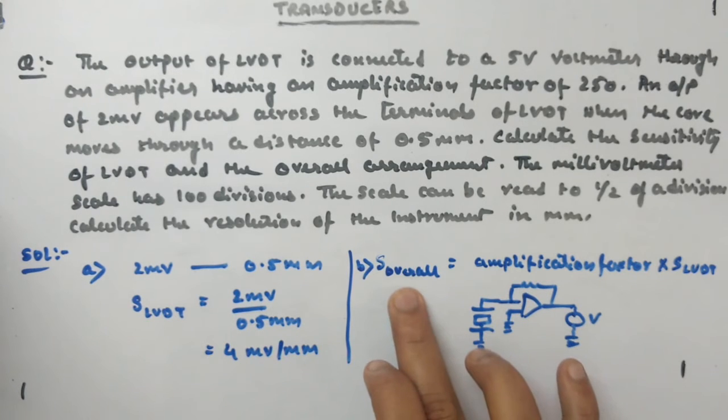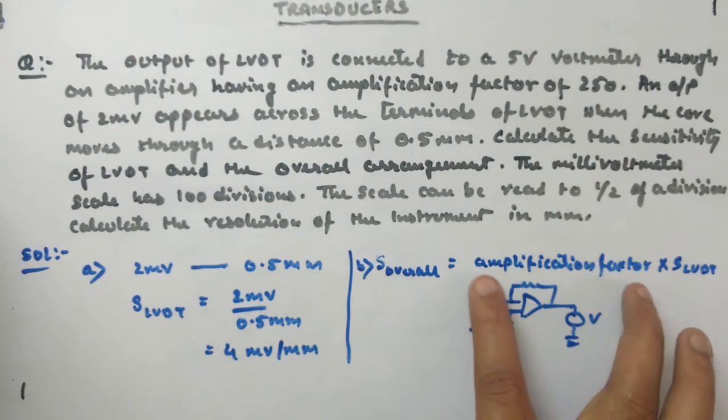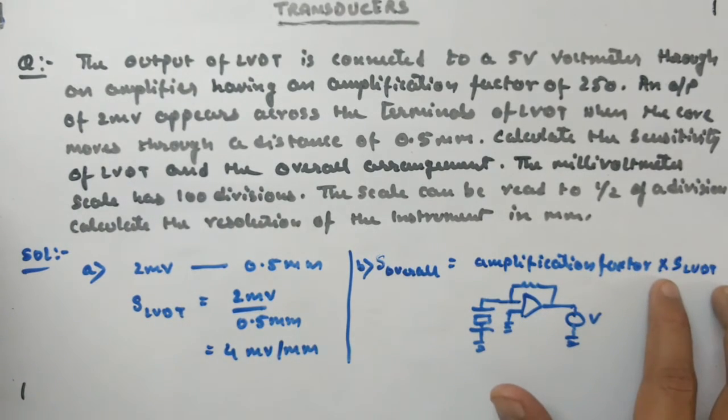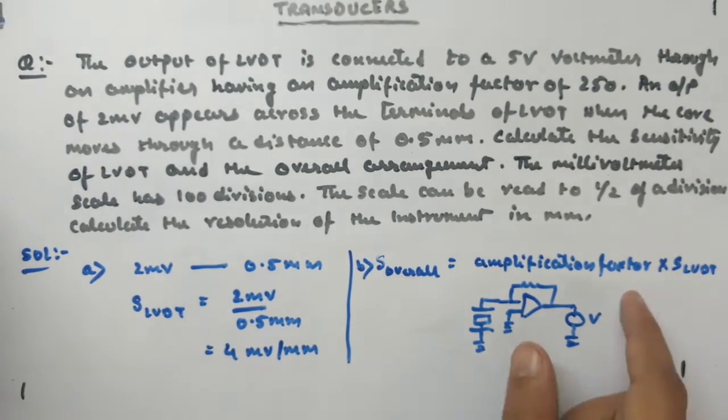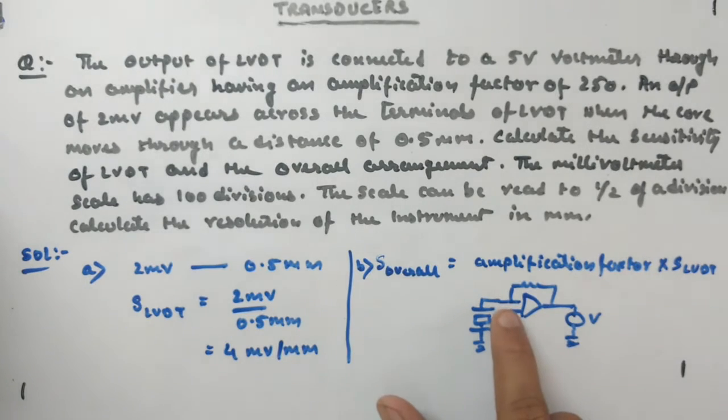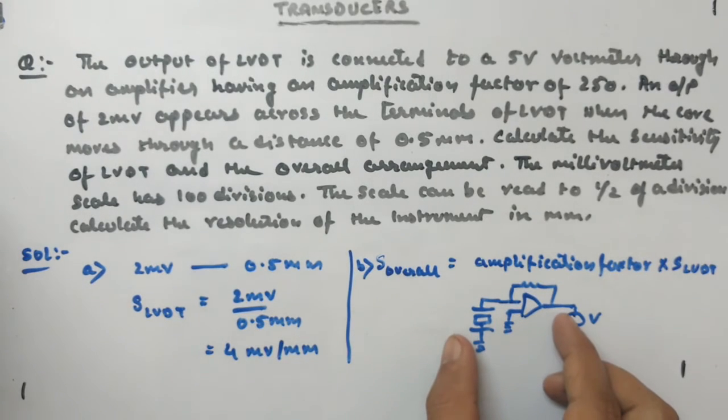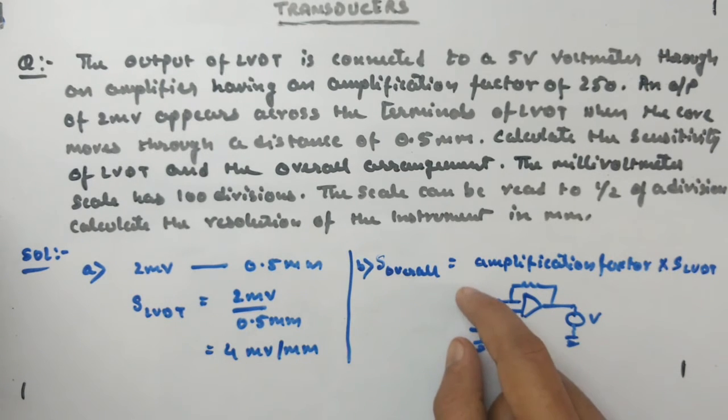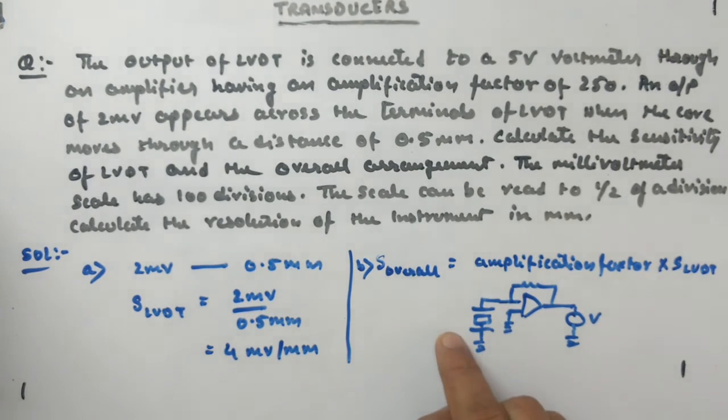The sensitivity of the overall arrangement can be calculated as amplification factor into sensitivity of the LVDT, because it is just a voltage only. We have to calculate the overall sensitivity, meaning the output voltage with respect to the displacement you are giving at the input. We have calculated the voltage with respect to displacement for the LVDT, that is the sensitivity here.